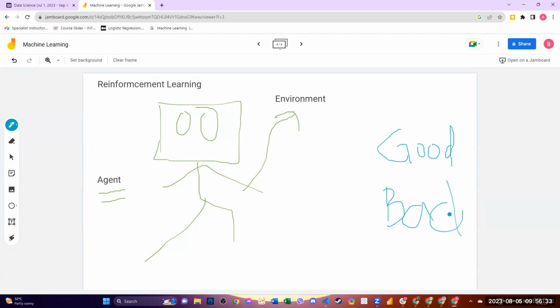So the robot is provided with a good or a bad, what do you call this one? Threshold, something like that.